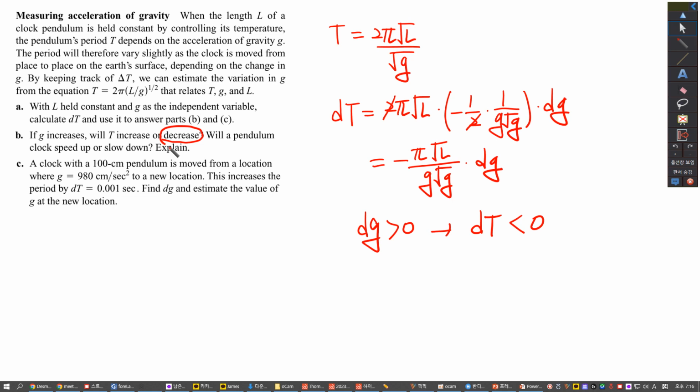That means it will take 10 seconds to make one cycle. And if T decreases, that means the new period is, for example, 9 seconds. So it will take only 9 seconds to make one cycle. Does it mean that the pendulum swings faster or slower?